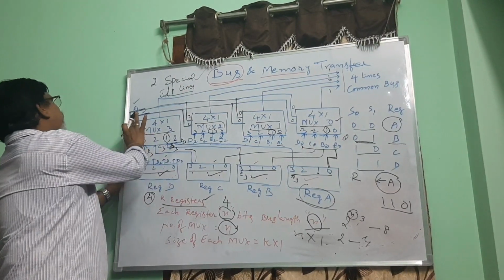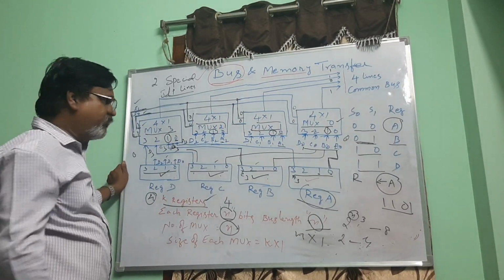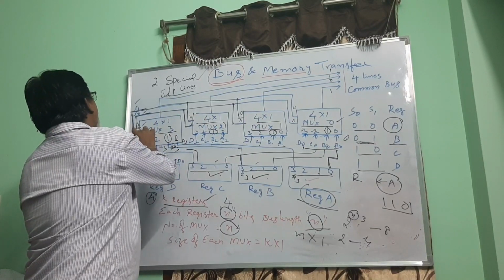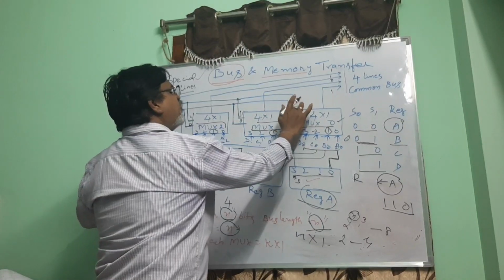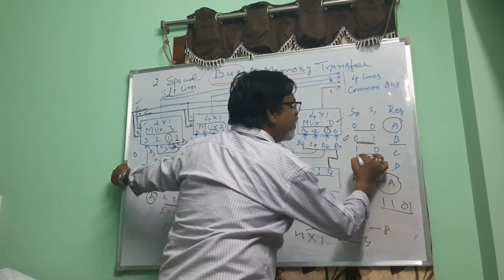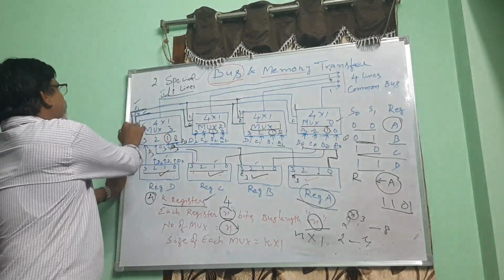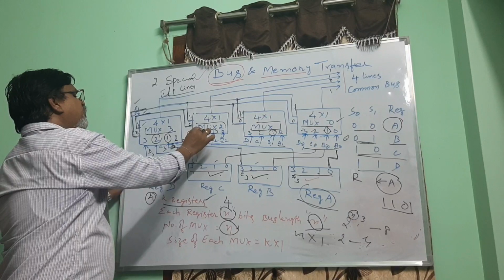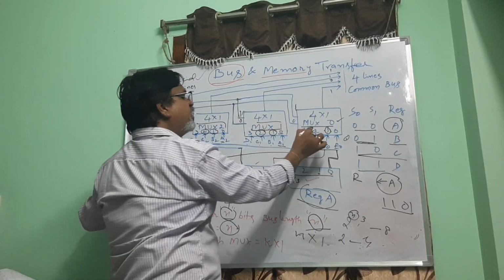Then, if the values of S0 and S1 are 1, 0, as I wrote in the table, C will be selected. So here if it is 1 0, this bit, here also the same 1 0 is copied, this input will be selected, here also the same, and here also.